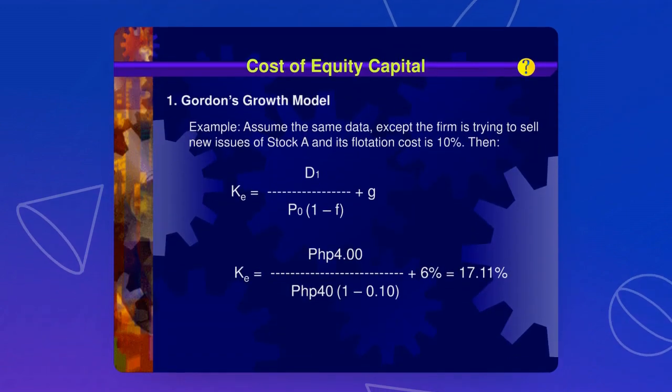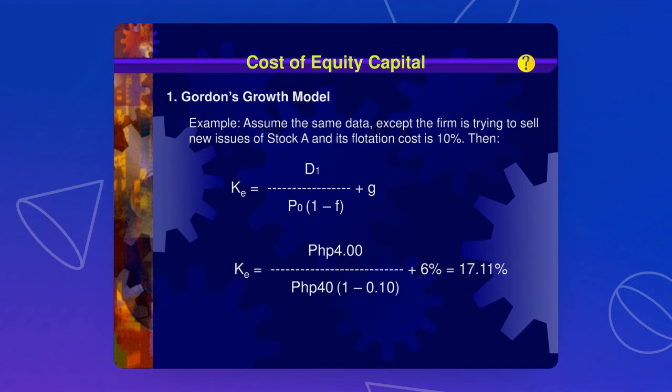For example, in the Gordon's growth model, assume the same data except that the firm is trying to sell new issues of stock A and its flotation cost is at 10%. So KE equals D1 divided by P0 multiplied by (1 minus F), plus G. Please take note that KE is now to be deducted in terms of your flotation cost.